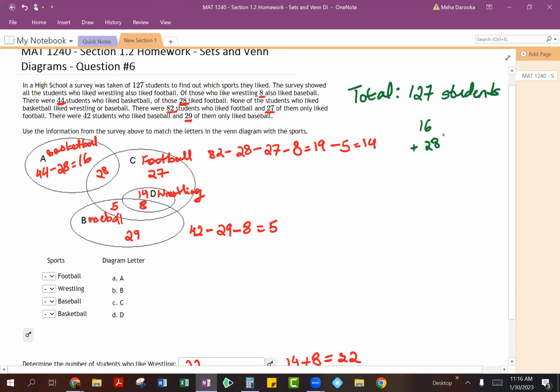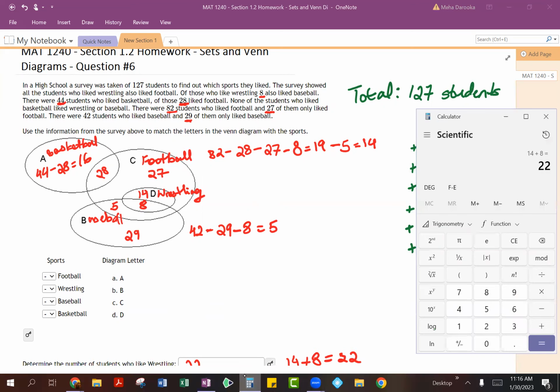Now moving on to football, we've already counted that 28, so you don't need to repeat that. Then we have 27. Let's see, then you had 14 and 8. Then we have the 5, and that takes care of football and wrestling. And then the last part we had was the 29 from just the baseball circle.